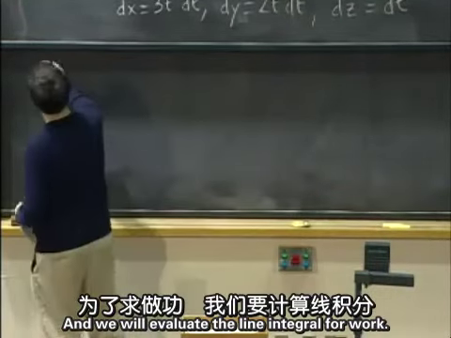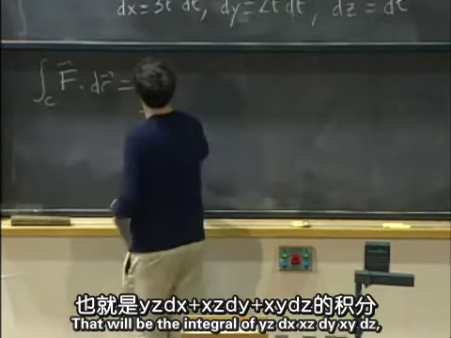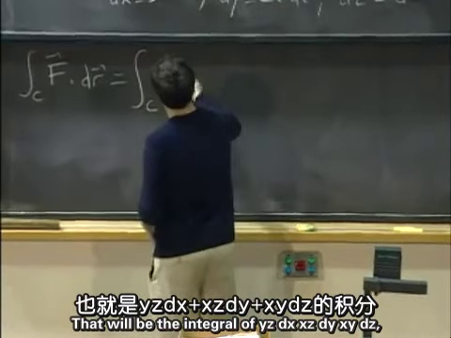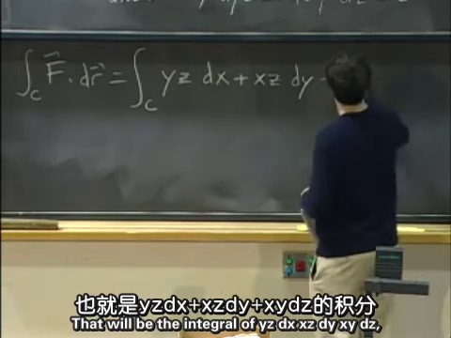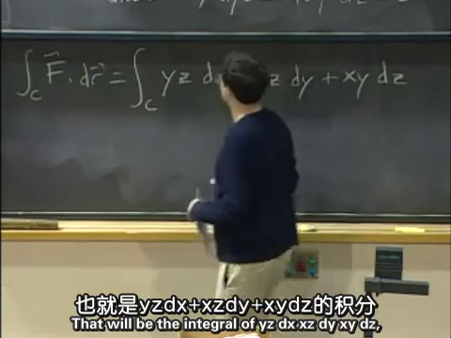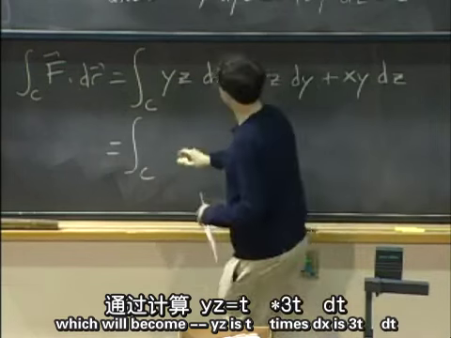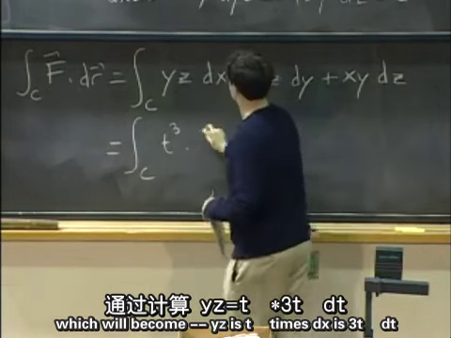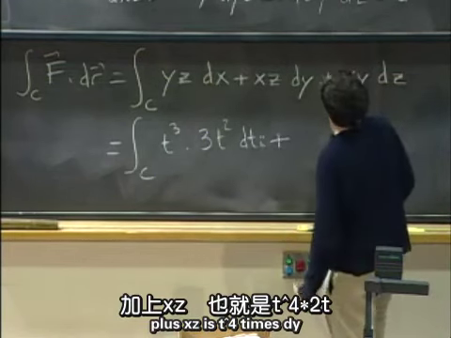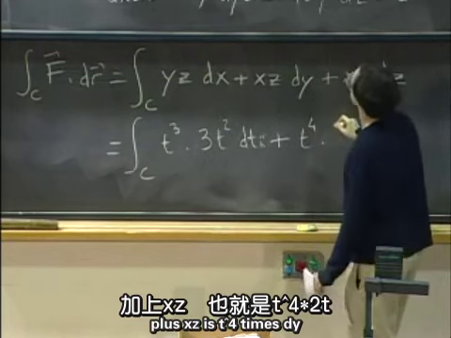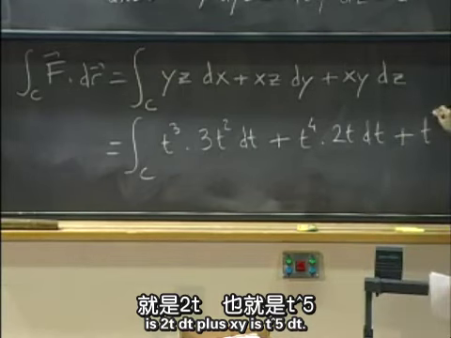Okay. And so we'll evaluate the line integral for work. Well, that will be the integral of yz dx plus xz dy plus xy dz, which will become, so yz is t cubed times dx is 3t squared dt plus xz is t to the 4 times dy is 2t dt plus xy is t to the 5 dt.